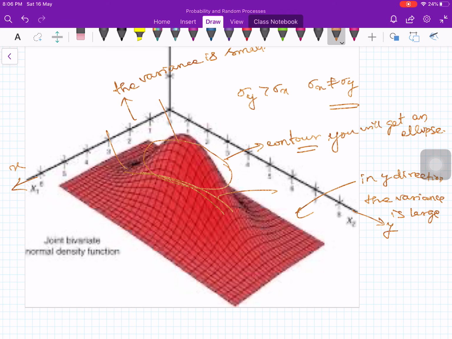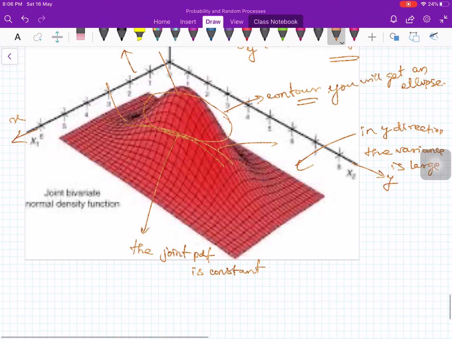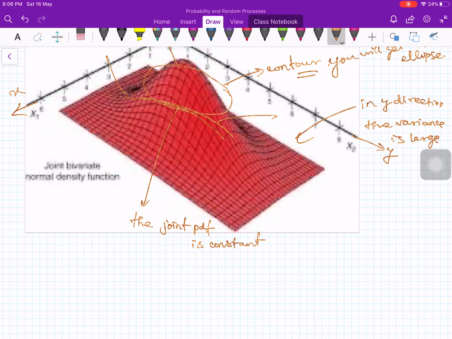On a particular contour the joint PDF is constant. When you change the value of that constant, you get different contours. And the PDF is of course centered around the mean, mu sub x and mu sub y.